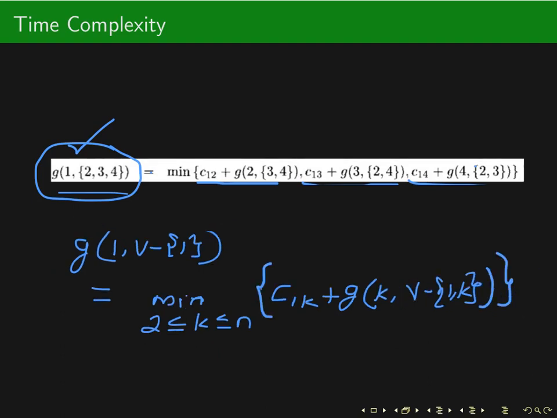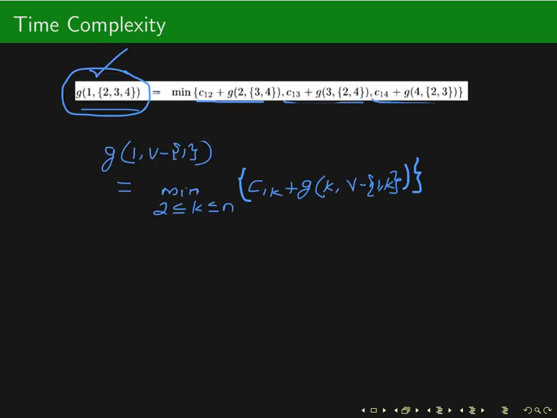It can be verified that this expression holds for our current example and any given example with any number of vertices. Note that this expression is for finding the min cost from starting city 1.